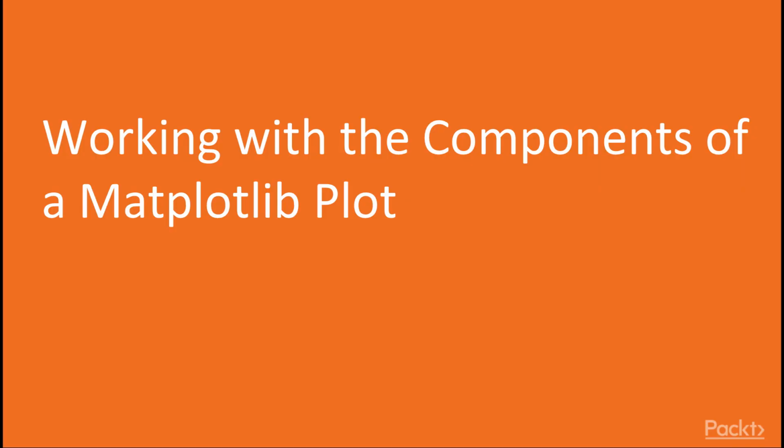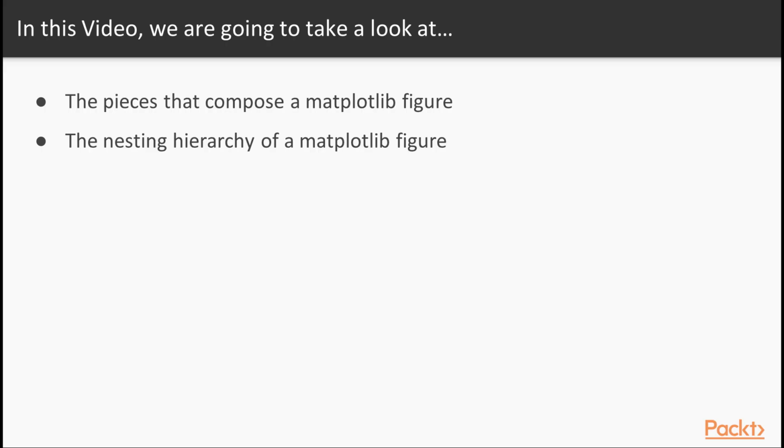In today's video, we're going to take a look at all of the components that live within a Matplotlib plot to actually make the thing up. In this video, we're going to go over each of these components and also talk a little bit about the nesting hierarchy of a Matplotlib figure, how all of these components connect to one another.